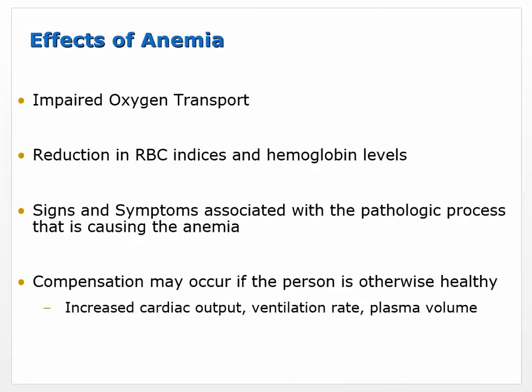Okay, so what are the effects? Impaired oxygen transport, and a reduction in red blood cell indices and hemoglobin levels. The funny thing about hemoglobin is that you can measure hemoglobin levels, and that will always be low. Even though you might have the right number of red blood cells, your hemoglobin levels will always be low in anemia.